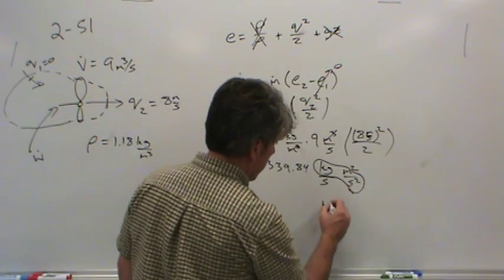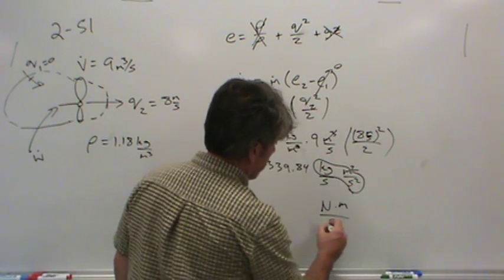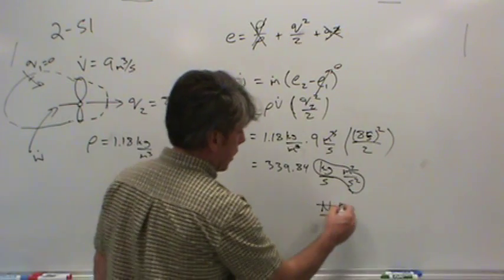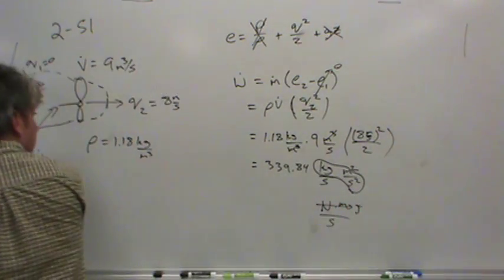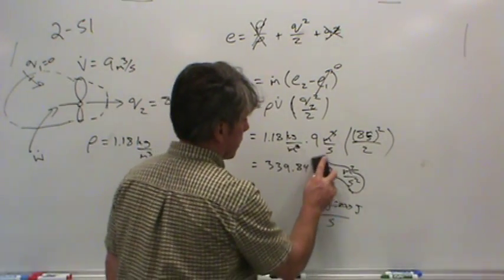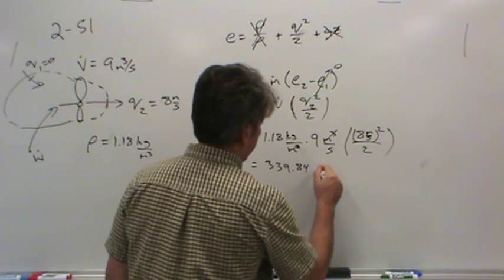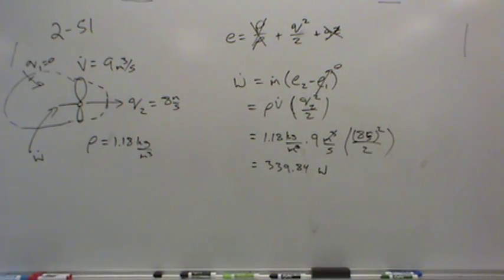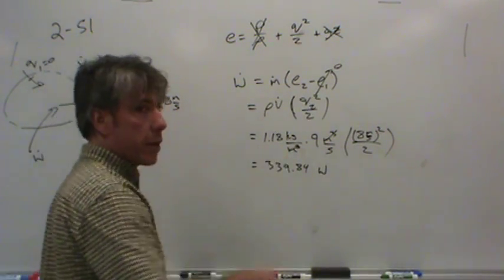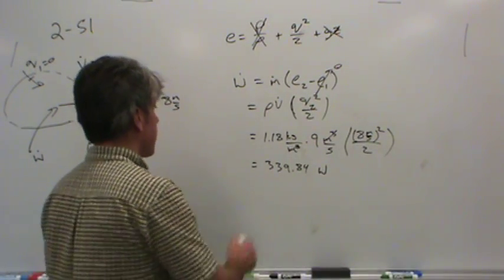So this is just newton meter per second. A newton meter is a joule, and a joule per second is a watt. So essentially, what we have here in these units is simply a watt. Okay. So there's the minimum amount of power required. Now you'll notice your author gave you an answer of 340 watts. He just rounded off, which is reasonable, of course, but there's our answer.